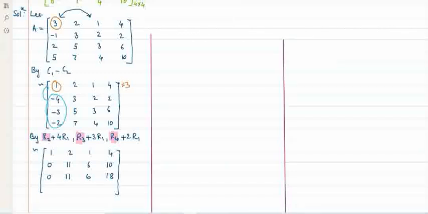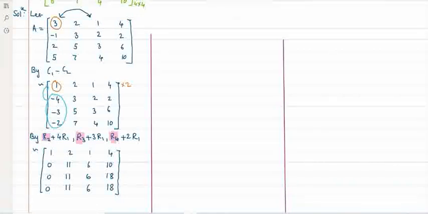So the next one, you have to multiply by 2 and add. Obviously, this is a 0. 2 plus 4. 4 plus 2. 10 plus 8. Check this, 10 is correct.